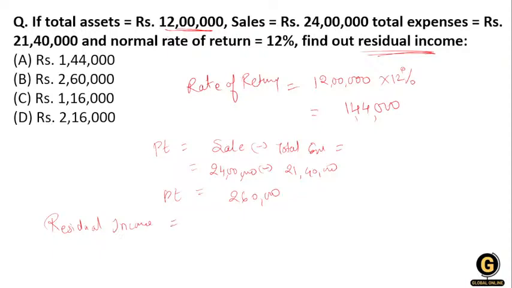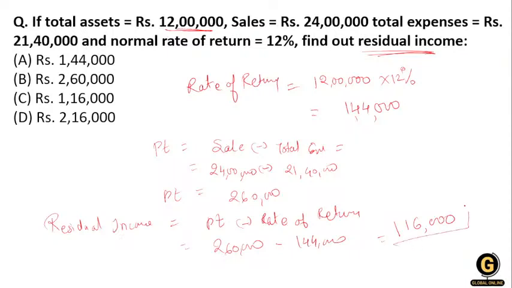From the profit, we deduct the rate of return. Profit is 2,60,000, and from that we deduct 1,44,000. So the answer is 1,16,000 rupees. It is your residual income. So option number C is correct here. Clear?